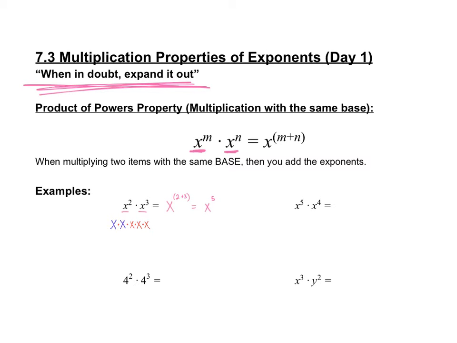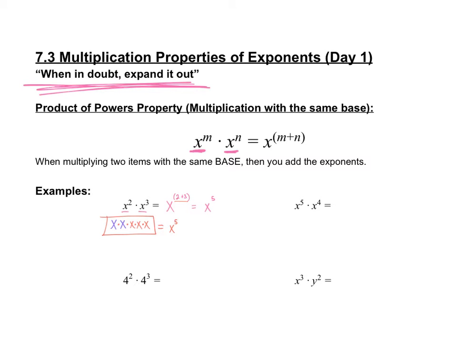We just have 5 x's multiplying together, so x to the fifth. Expanding it out gives you a nice visual, but the property says if you're multiplying with the same base, you add the exponents.